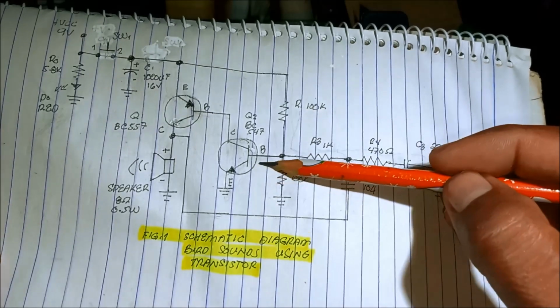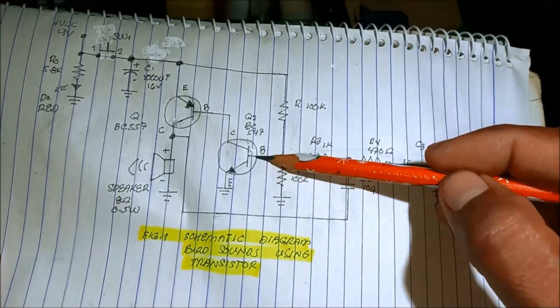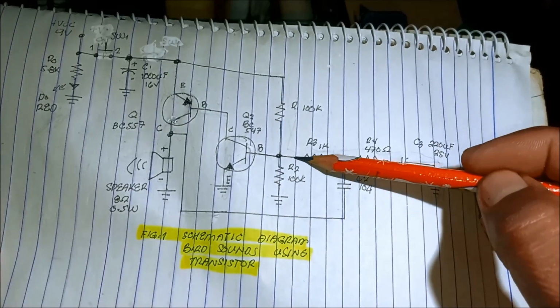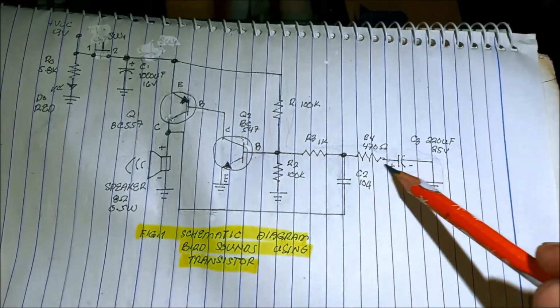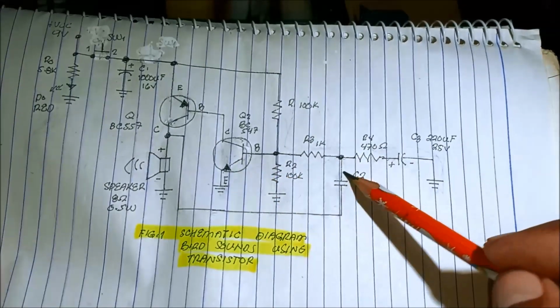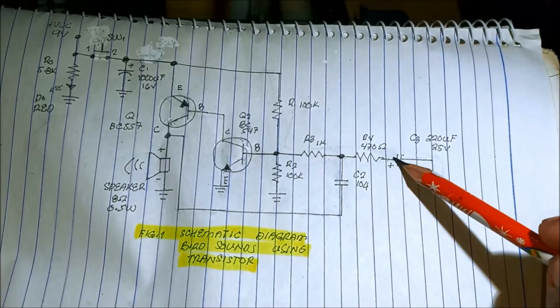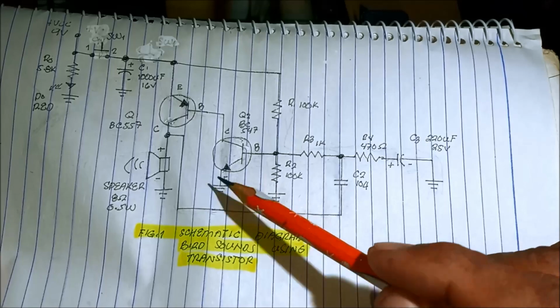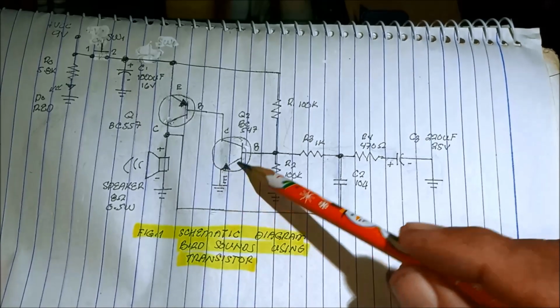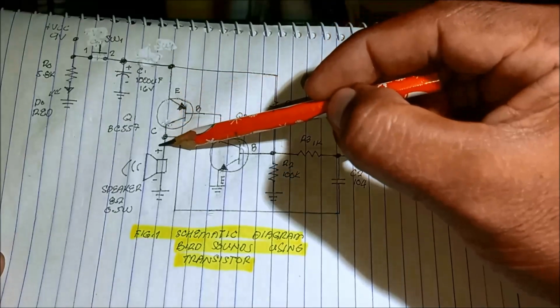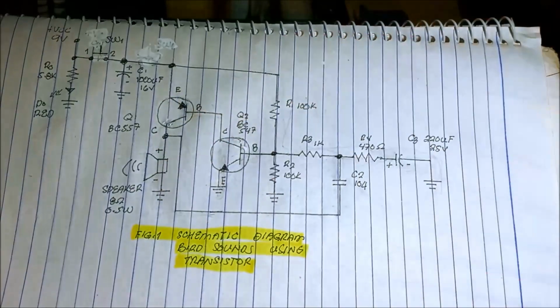There is now a voltage across the base to emitter due to the discharging of the capacitor. These two capacitors are discharging to the base of the second transistor, causing the current to flow from emitter to the collector and then turning on this speaker.